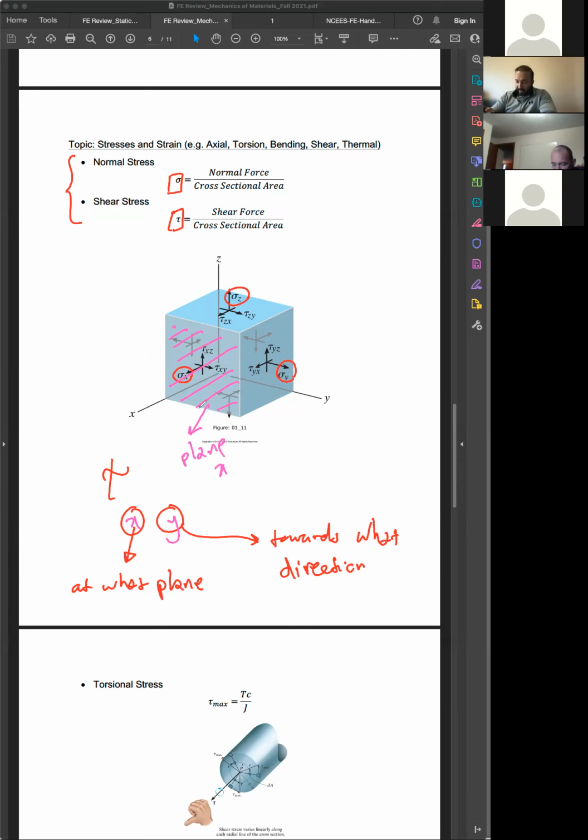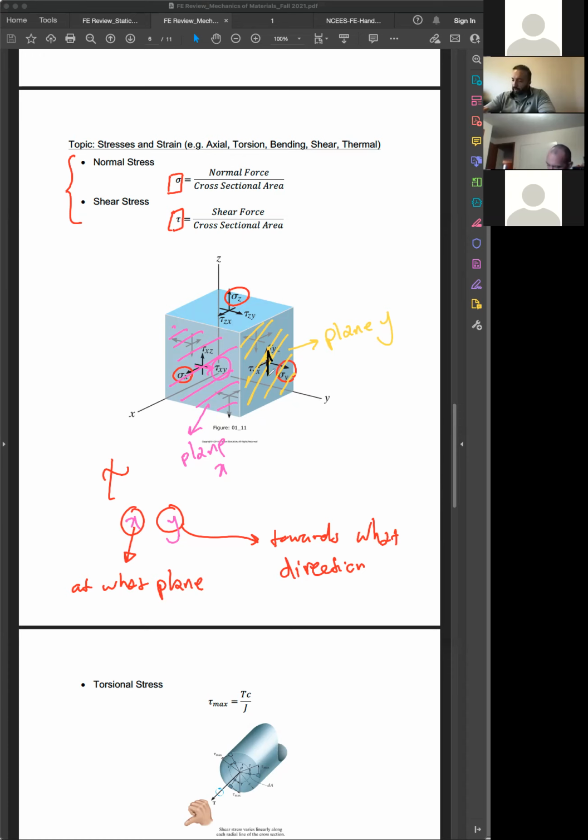So at this plane towards the y-axis. So this is the one. Or one of them to be tau yz. The plane of y is this, and it goes toward the z.